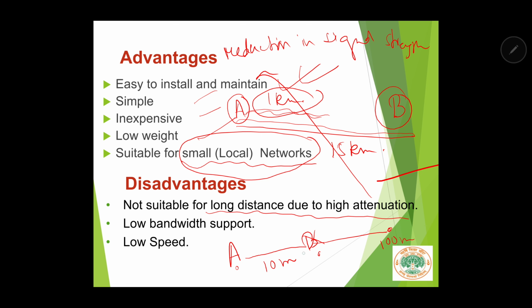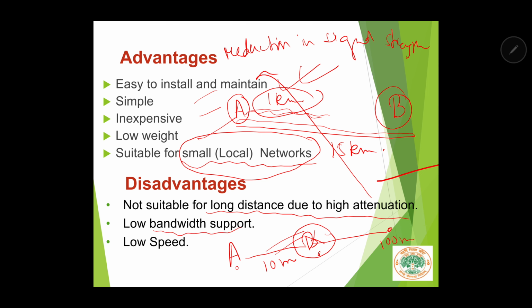You will not be able to hear my voice clearly as in the previous case. Why is this happening? This is happening because of attenuation, which means the signal strength is reducing. So it happens in the case of networks also. So this is one disadvantage.